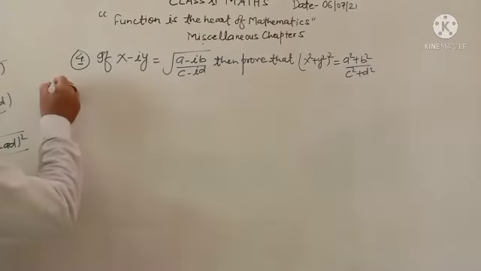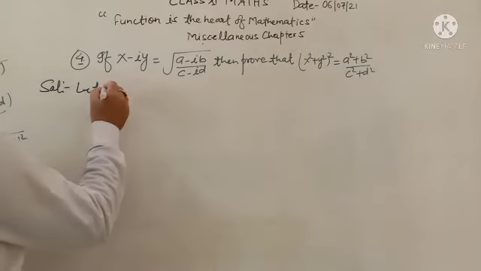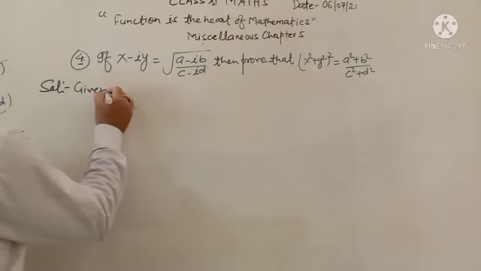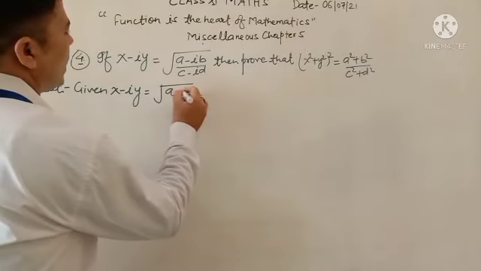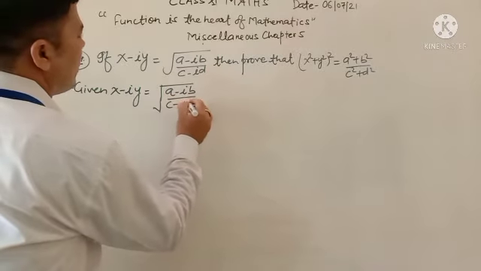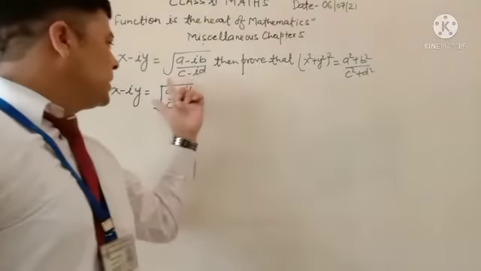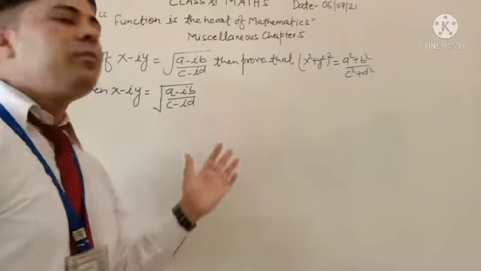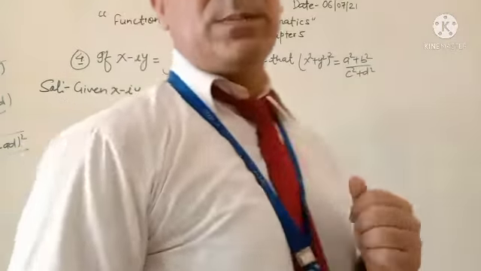So firstly, let the given be x minus iy is equal to (a minus ib) upon (c minus id). If this type of question arises, firstly we need to convert it into the form of a real expression if the denominator is given as a complex expression.